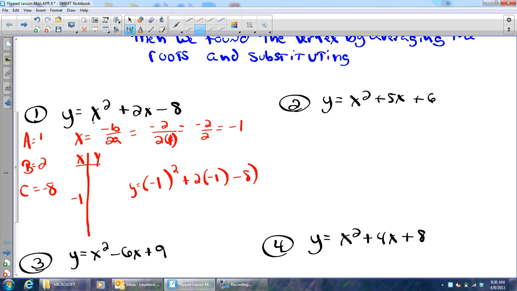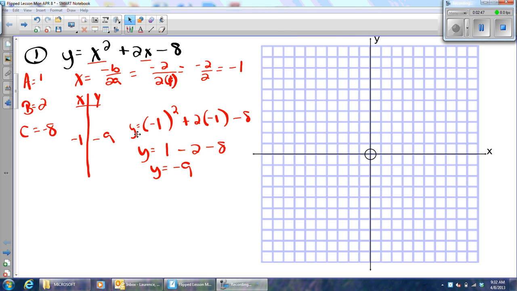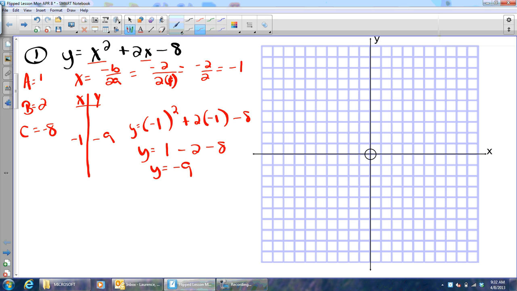I just plugged it into the equation for x, and we're going to get 1 minus 2 minus 8, so y is going to equal negative 9. So my vertex, my highest or lowest point of my parabola, will be at the point negative 1, negative 9. It's going to be right there.